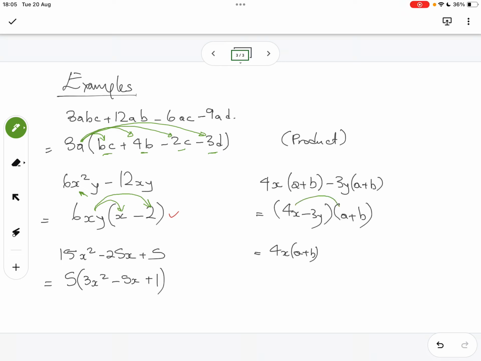Because this we can write out as 4x into a plus b, for the simple reason that when we multiply and we use first, outer, inner, last, ne? First and outer is this. This is that.